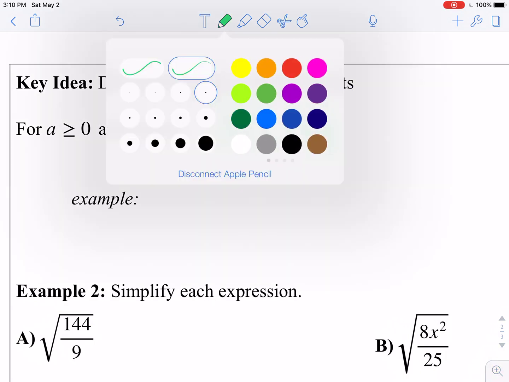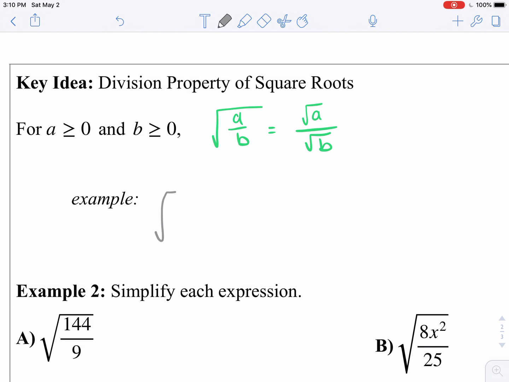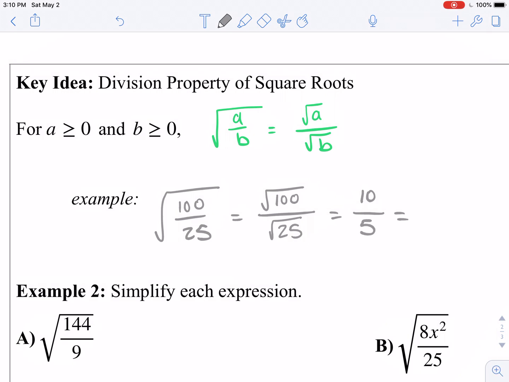For example, if we have the square root of 100 over 25, we can split that up into the square root of 100 over the square root of 25. The square root of 100 is 10. The square root of 25 is 5. 10 divided by 5 is 2.